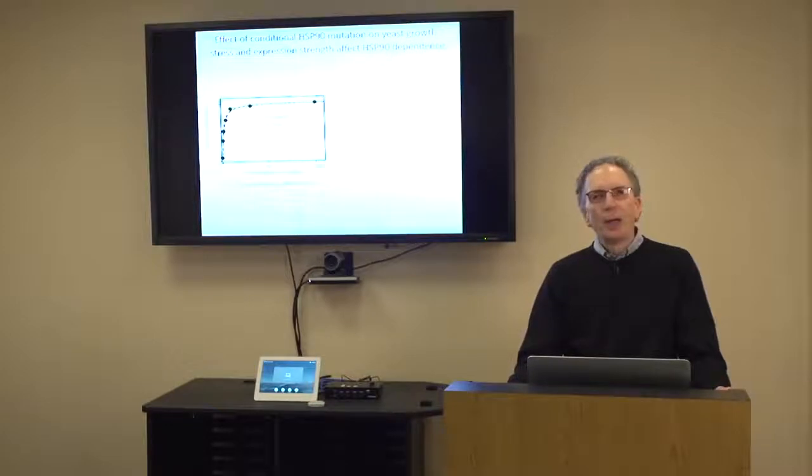And from this graph, you can see that the viability of these yeast is not affected until the expression level of HSP90 is reduced by as much as 90%. So there's a huge excess of HSP90 under optimal growth conditions in these organisms.